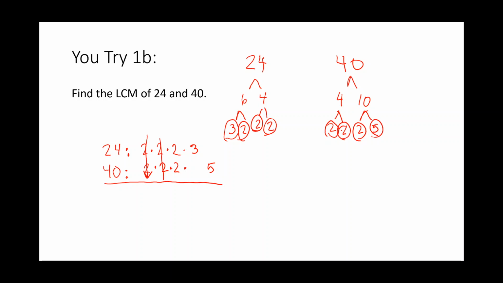If I drop every column down, I'm going to have 2 times 2 times 2 times 3 times 5. So if I do that on my calculator, because I have my calculator right here, 3 times 5, I'll get 120 as my least common multiple.